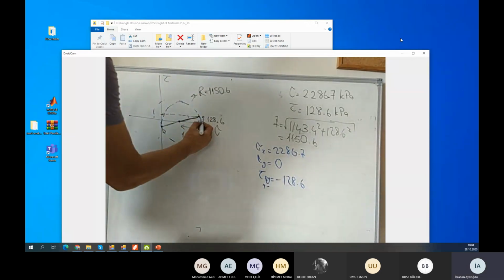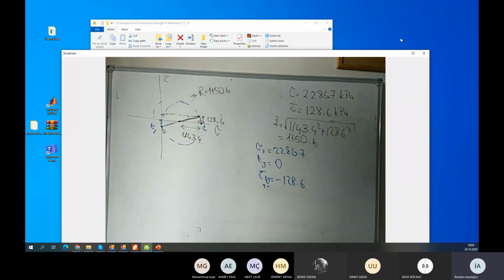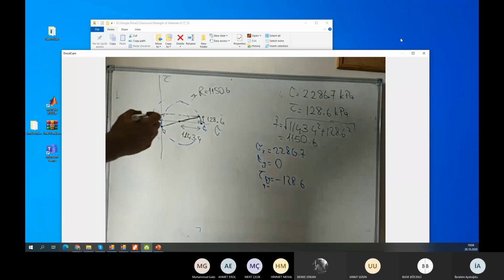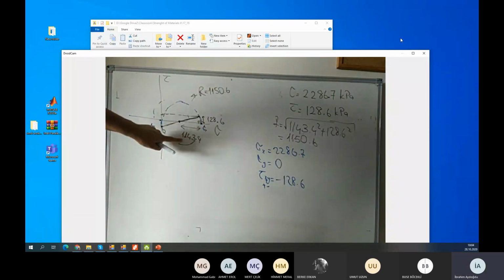Yes. This is sigma 1. This is sigma 2. How can I find sigma 1? I already know the location of this point, 1134.